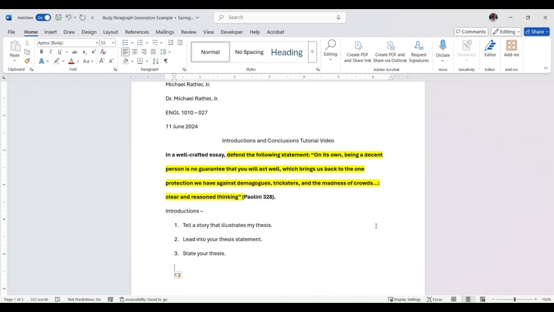Tab over because every paragraph begins with a tab in MLA format. And this is my first part of this.